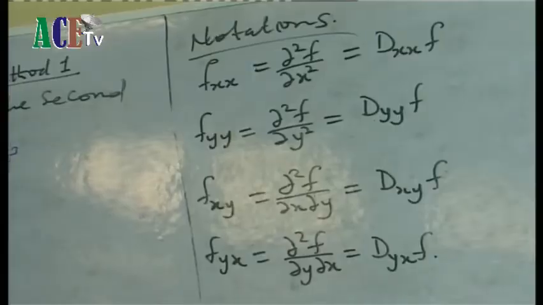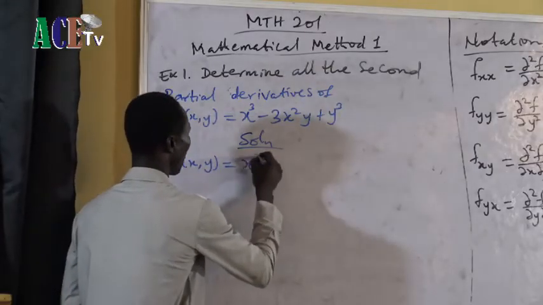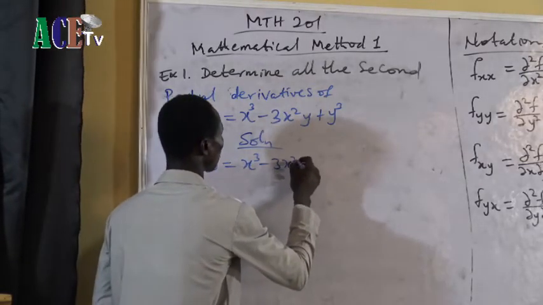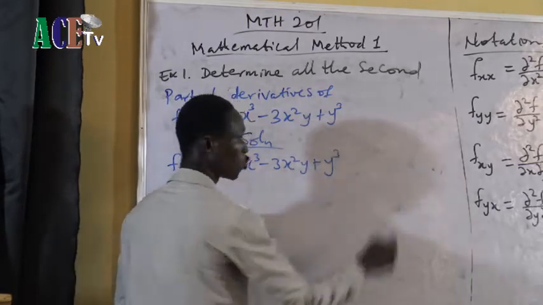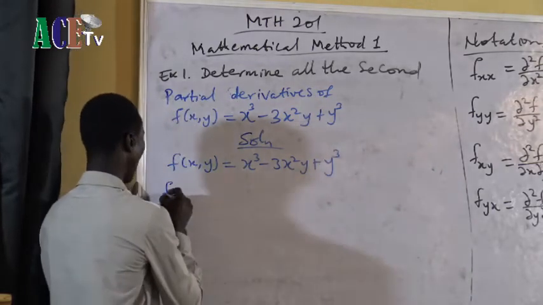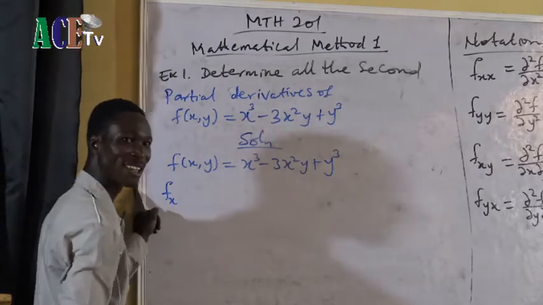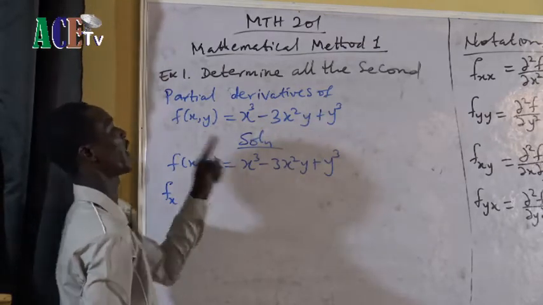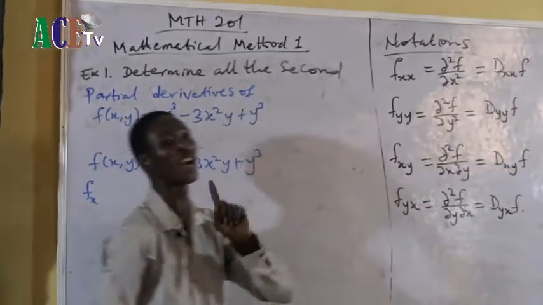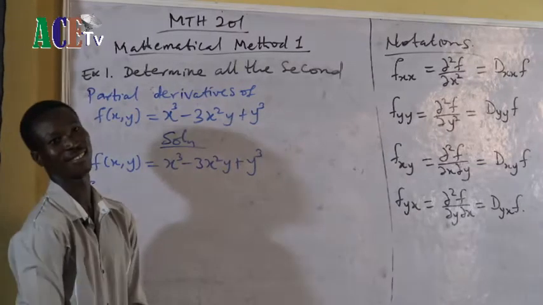Our f of x comma y will be equal to x cubed minus 3x squared y plus y cubed. Let us go to f of xx, because I cannot find f of xx if I didn't find f of x.